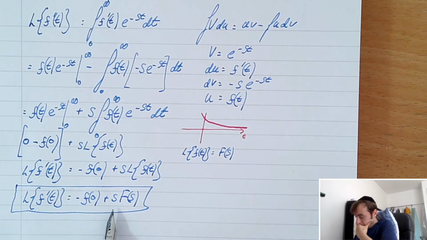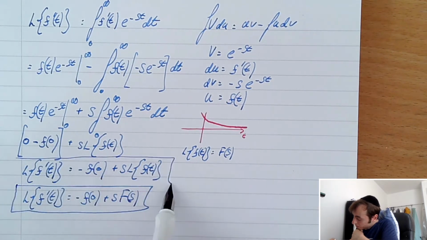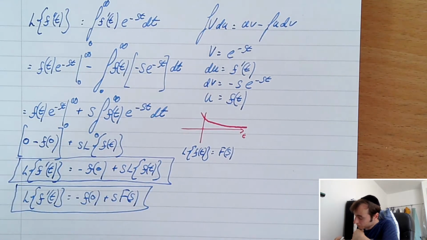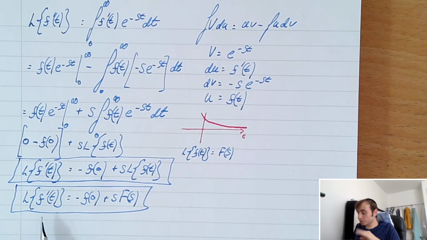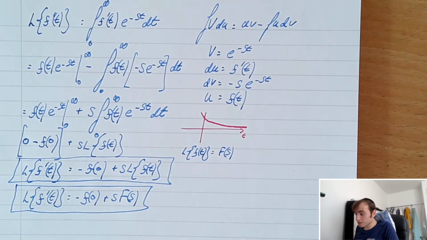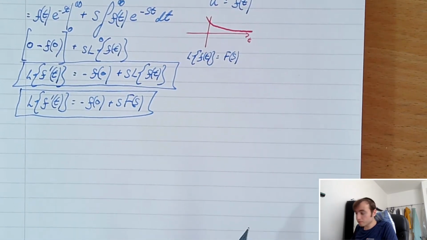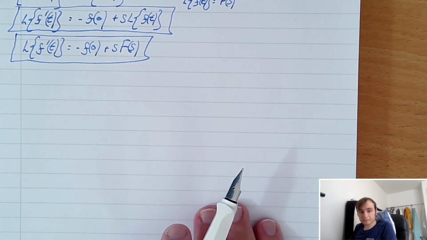Now, you know what, I'm going to put this in the box as well. You'll see why in a minute. We've just worked out the Laplace transform of the first derivative. Now let's look at the Laplace transform of the second derivative. I'm going to move that up so we've got a bit of room.